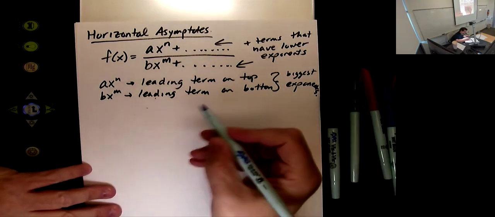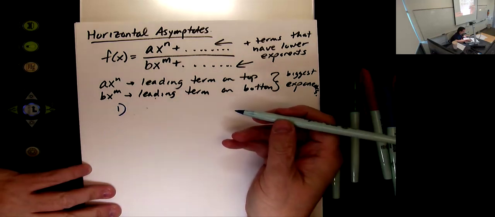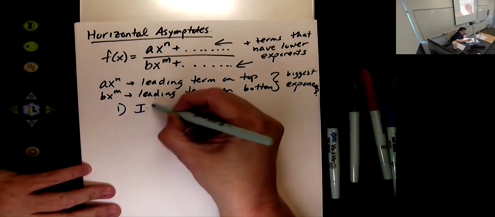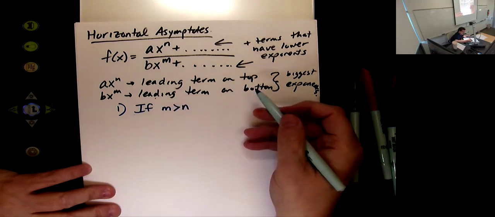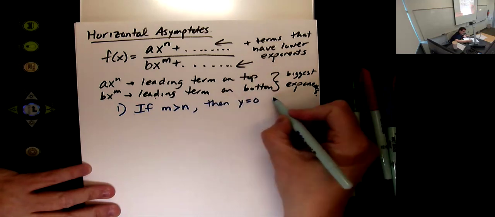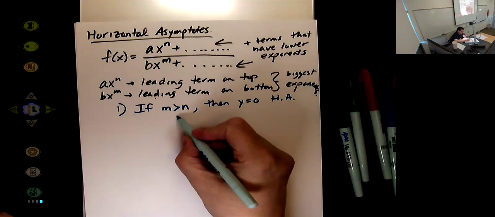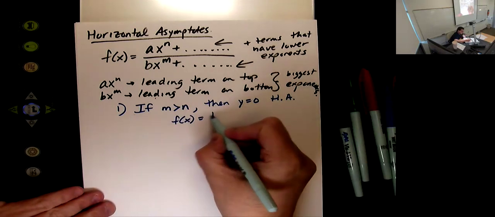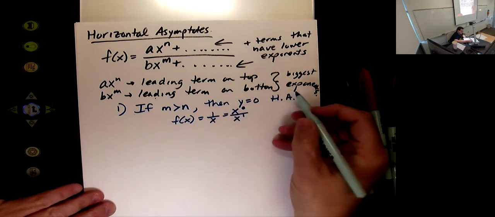So option 1. If m is greater than n, then y equals 0 is our horizontal asymptote. That's like f of x equals 1 over x, which is like x to the 0 over x to the 1.